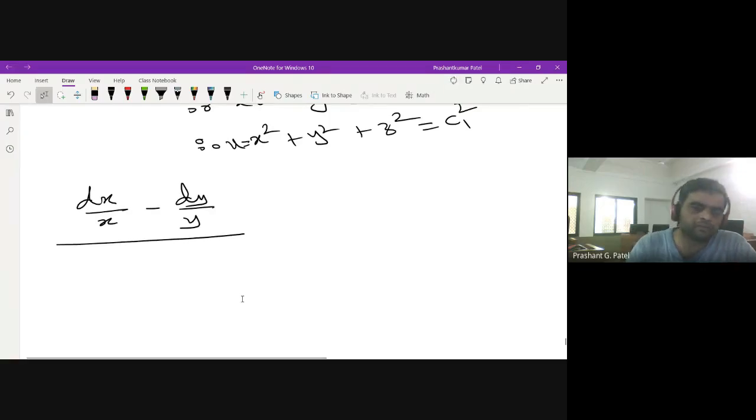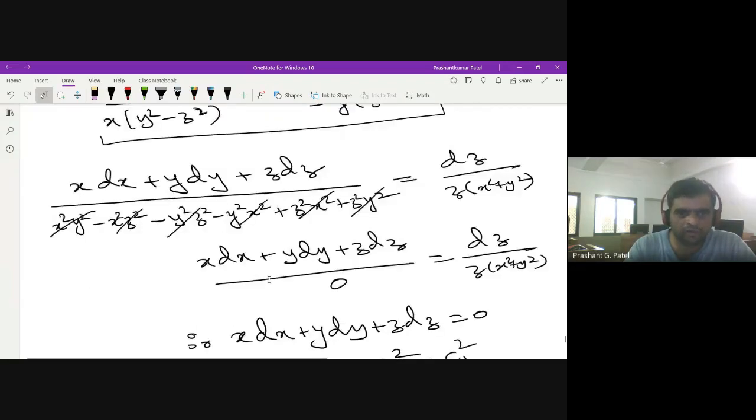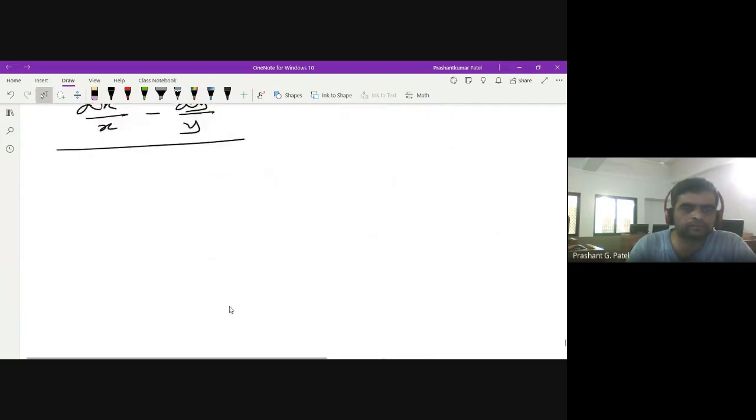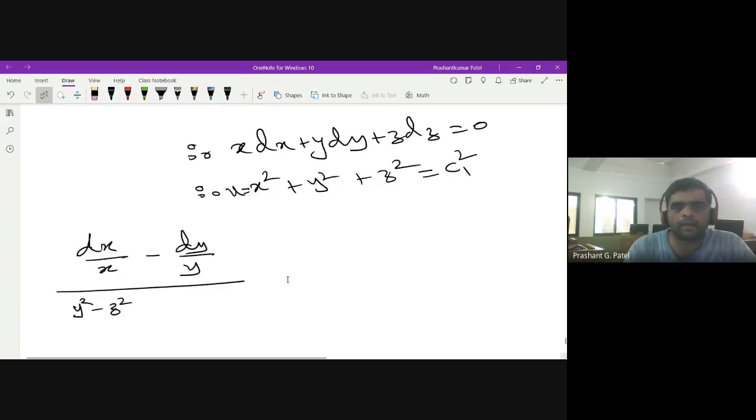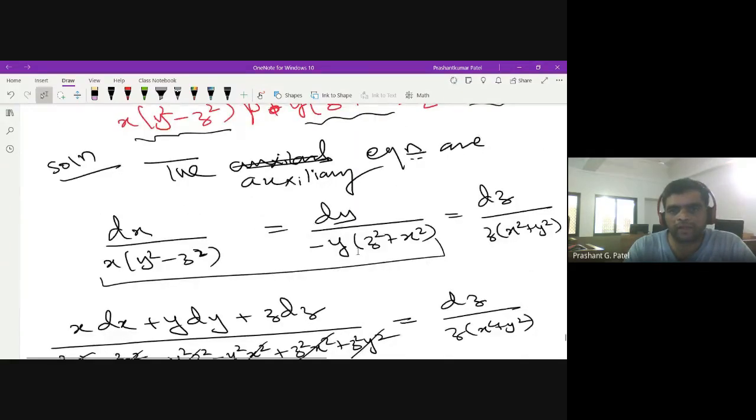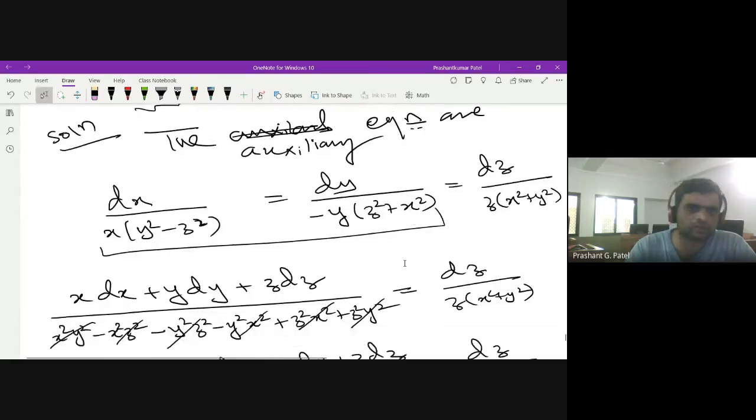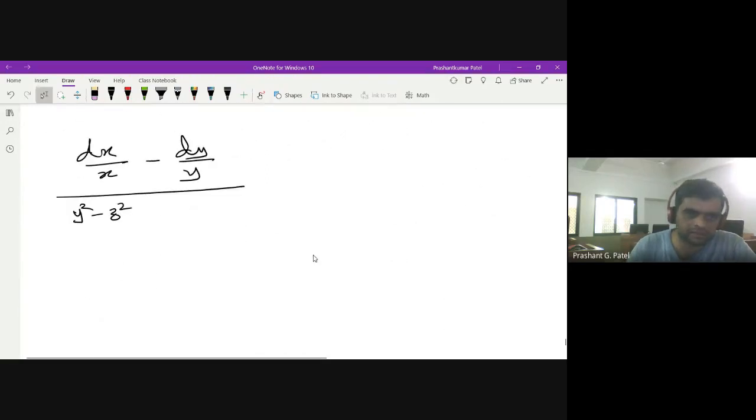Dx upon x gives y square minus z square, and dy upon y gives minus of z square plus x square.